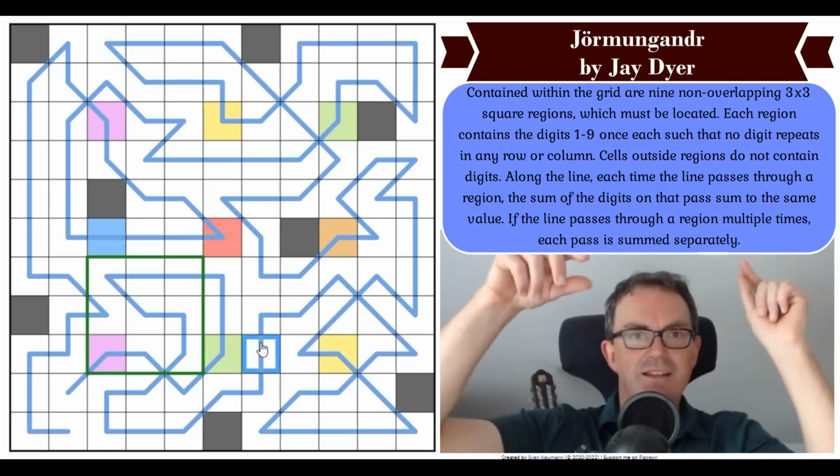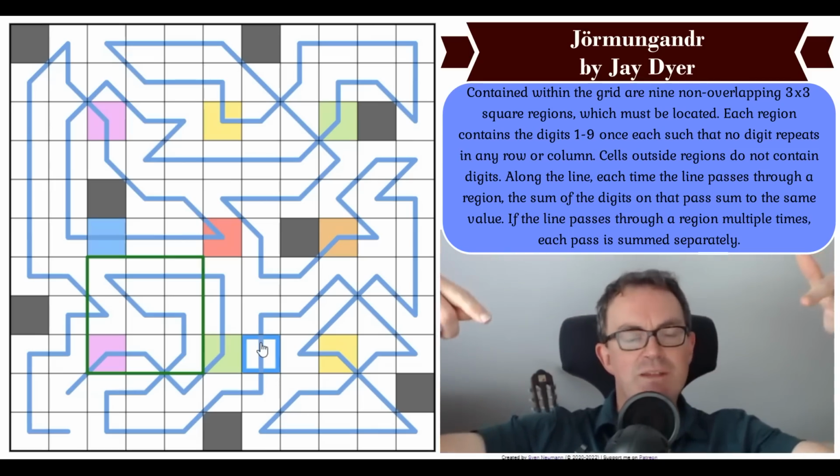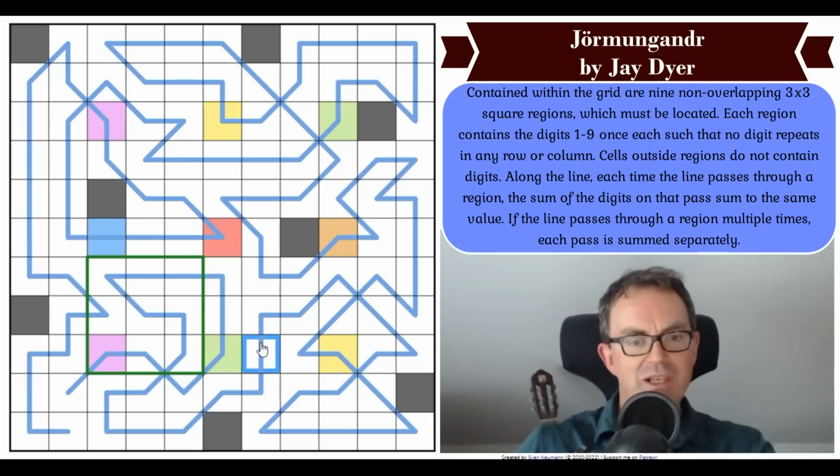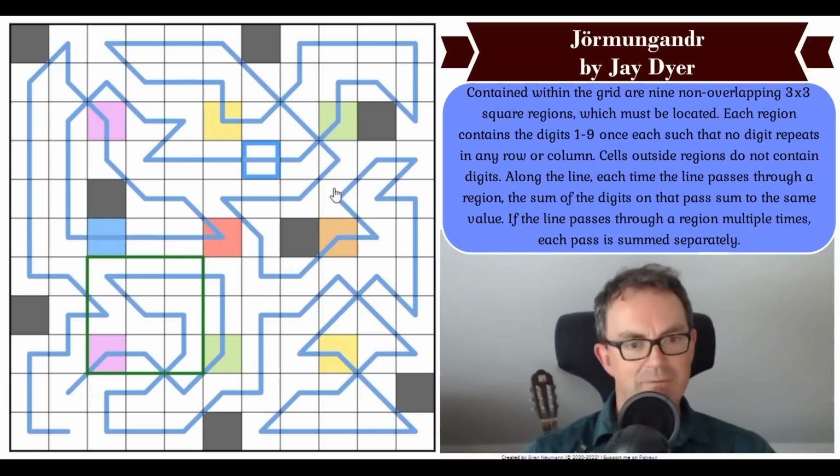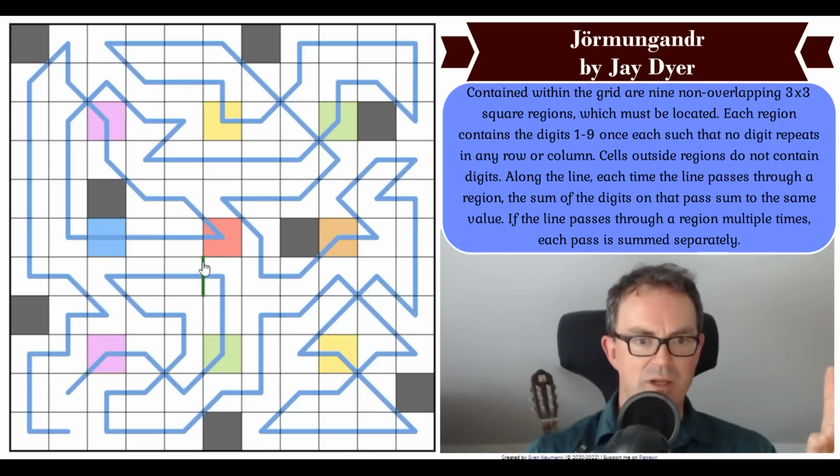Each time it enters a 3x3 box, it's got to stay in the box before it leaves. And that would imply that I could divide this grid, and more importantly this line, into 3x3 wiggle sections. And that looks absolutely ludicrous. That looks completely impossible.